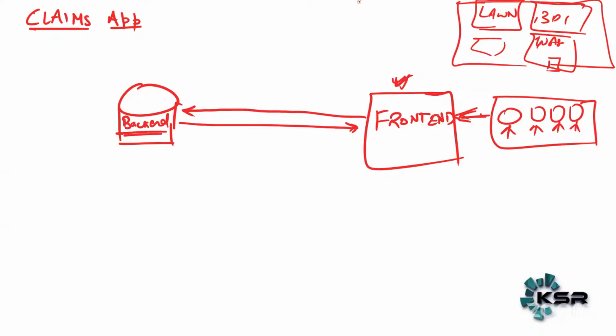Now we will figure out what can be a front end solution and what can be our backend solution. In the front end, as we are on Canvas app, obviously we are going to create a Canvas Power App, because of the UI and because of the foundation that we have.